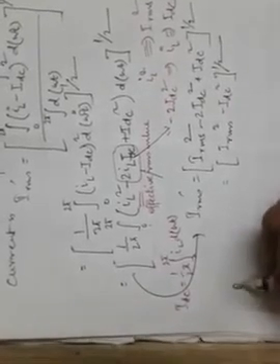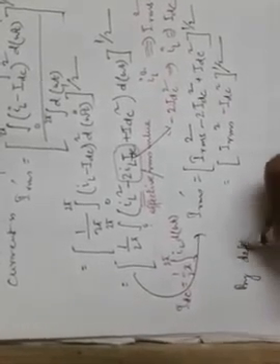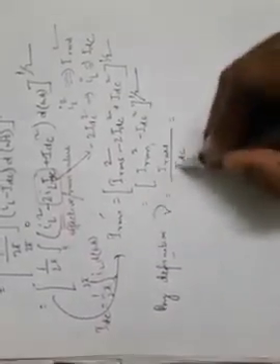Now by definition of ripple factor, gamma is equal to IRMS dash by IDC. We have seen just a little while earlier. So now substitute from here. IRMS dash, we have found this one, IRMS square minus IDC square whole to the power half divided by IDC.